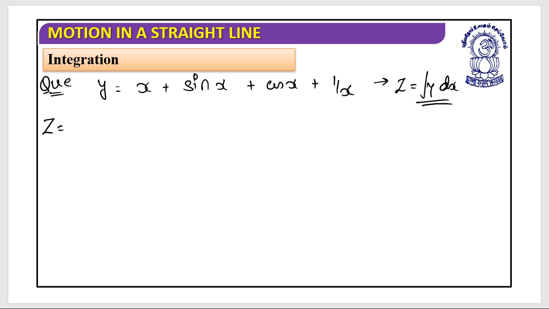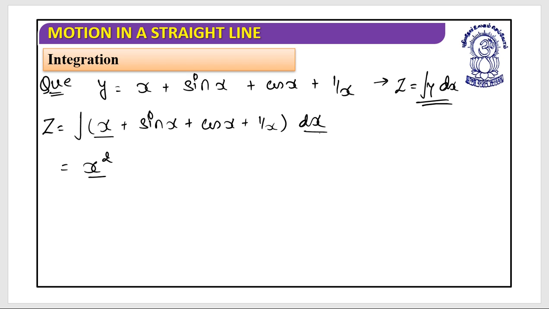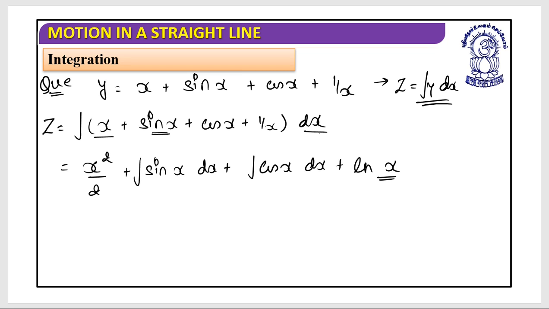So if I need to integrate x plus sin x plus cos x plus 1 by x dx, I know that it is integration of x dx, which is x square by 2, plus integration of sin x dx, plus integration of cos x dx, plus integration of 1 by x, which is ln x.